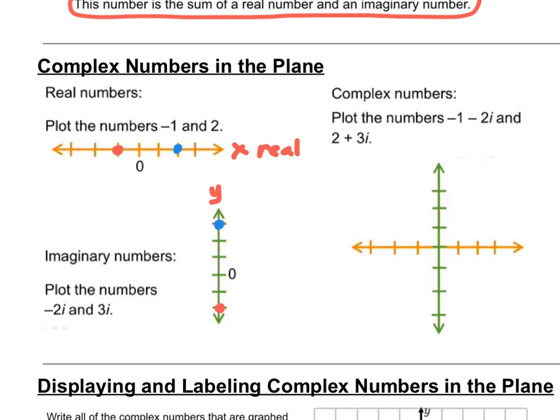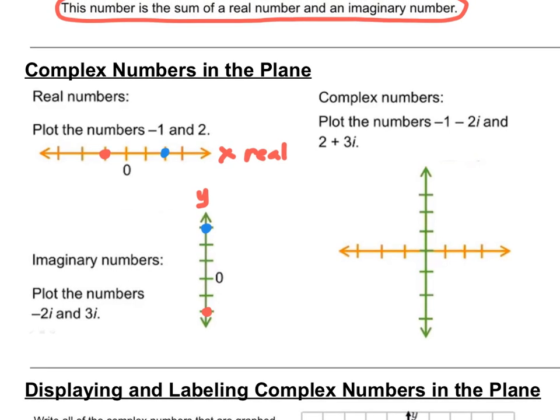If we were to put these together, when you have the complex number negative 1 minus 2i, that's like having the point negative 1, negative 2.